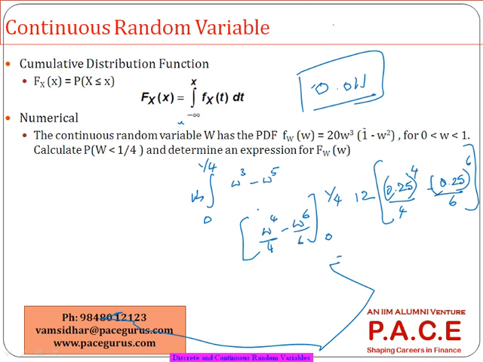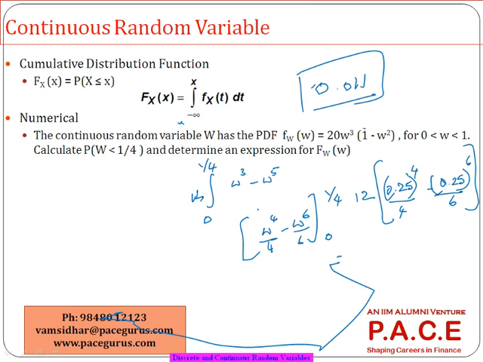But when we say cumulative function, it should be right from the beginning up to that value. In the discrete case, for cumulative we added up all the possible probabilities. So in the continuous cumulative case, we do an integration right from the beginning to that particular value.